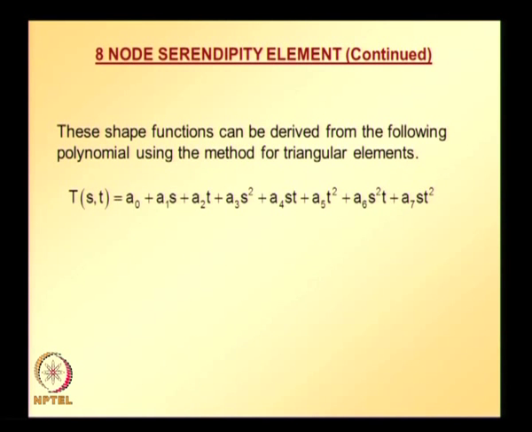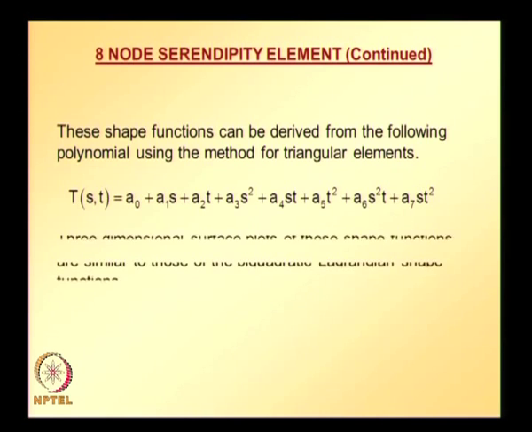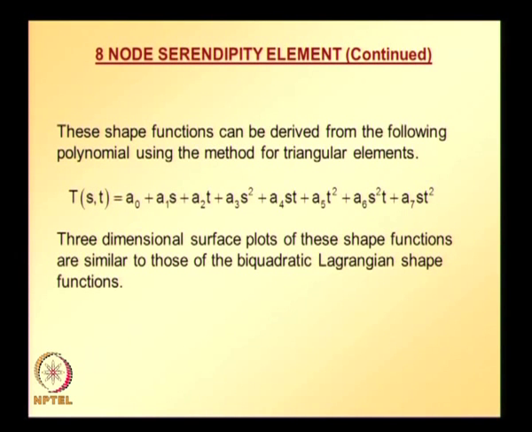So this is the polynomial with which you can start and adopt the procedure that we did for linear triangular elements, and finally we can get the same shape functions as we have seen. The 3-dimensional surface plots of these shape functions are similar to those of biquadratic Lagrangian shape functions.